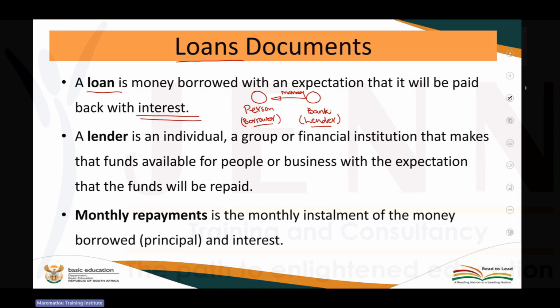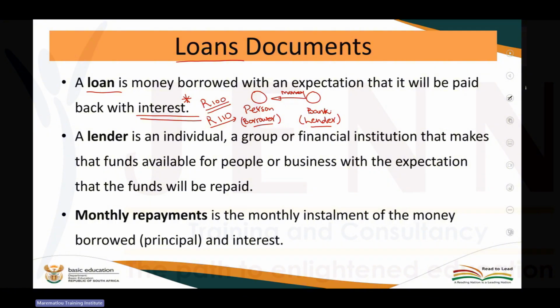Very important. This is the key of how banks are also benefiting from lending people money. If they lend you 100 rand, they say, you don't have a problem, we can give you this 100 rand, as long as when you return it, maybe after a year, it is no longer 100 rand, it is 110.